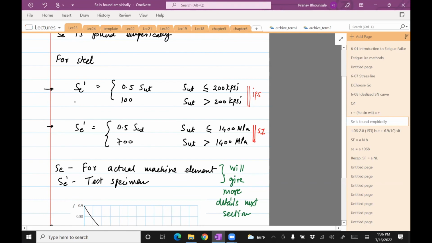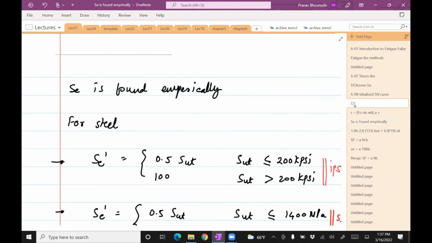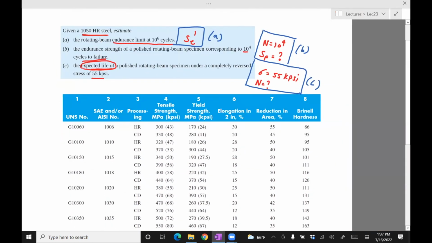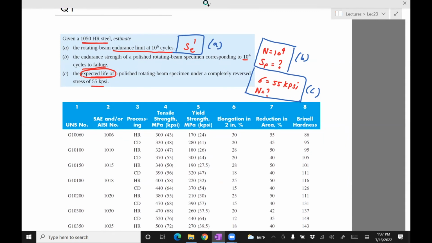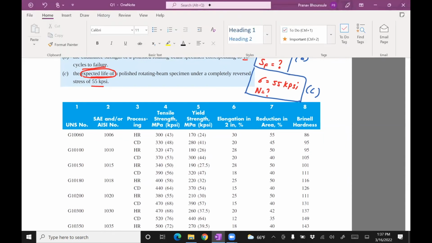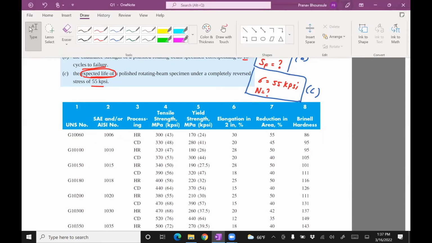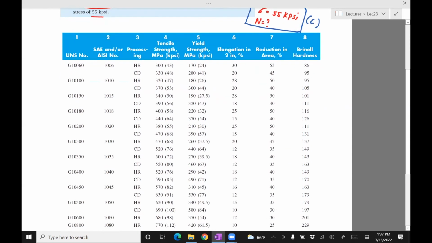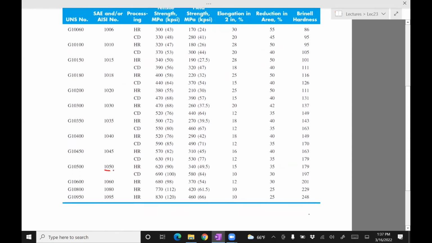Okay, so we have to use one of those two equations. We have to see if SUT is less than 200 kpsi or greater than 200 kpsi. So that can be found from the table. So we are trying to hunt down the steel 1050 HR. Scroll down. This is 1050 HR.